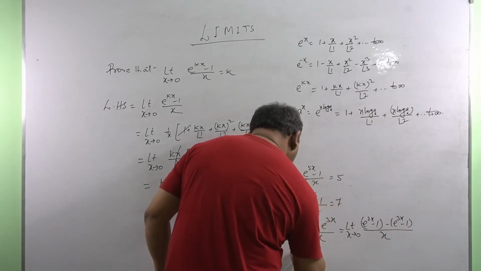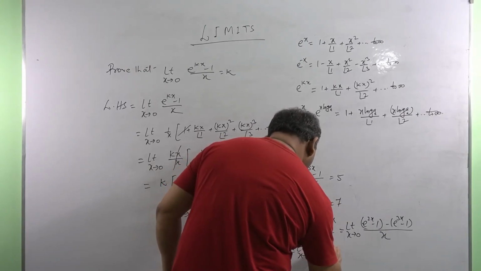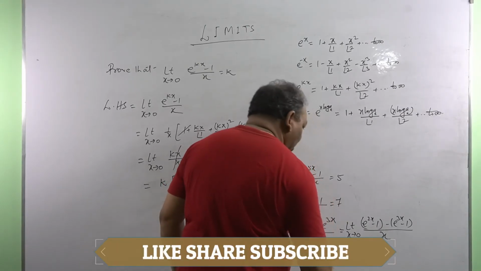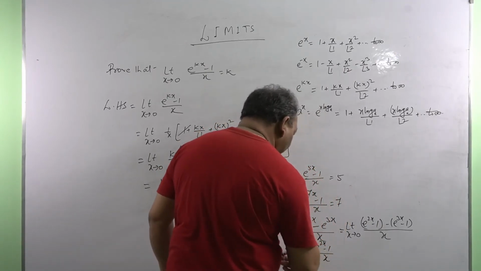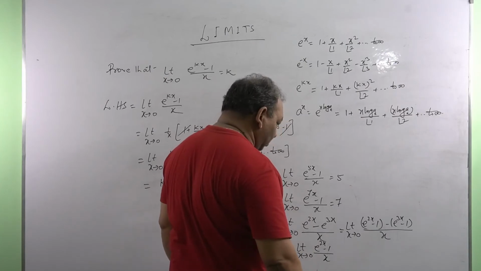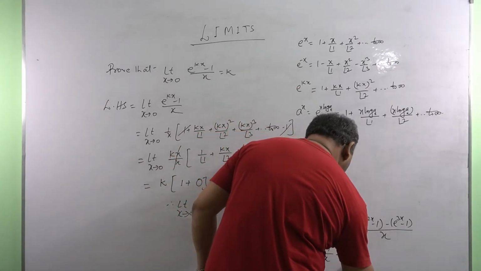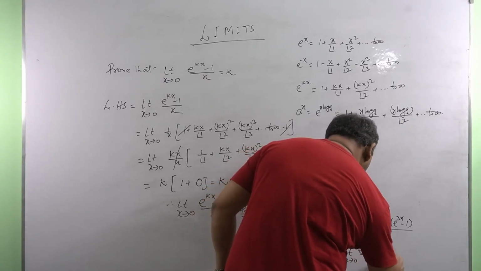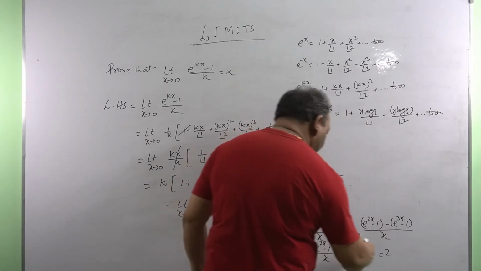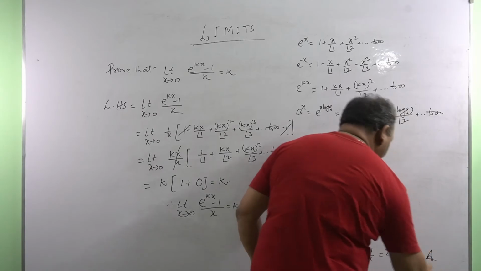Limit follows the algebraic rule, so we can write limit x tends to 0 e raised 2x minus 1 by x minus limit x tends to 0 e raised 3x minus 1 by x. The first one gives 2 and the second one 3. 2 minus 3 is minus 1.